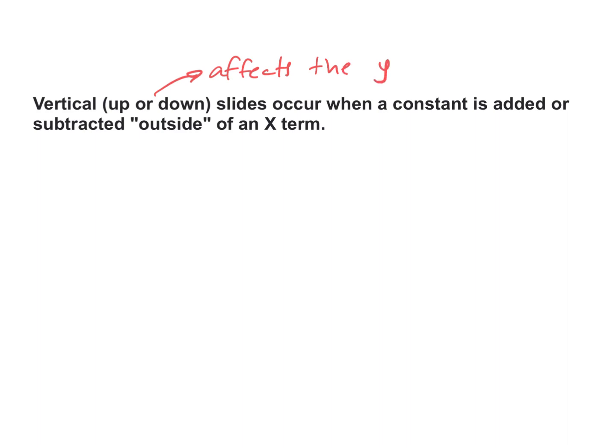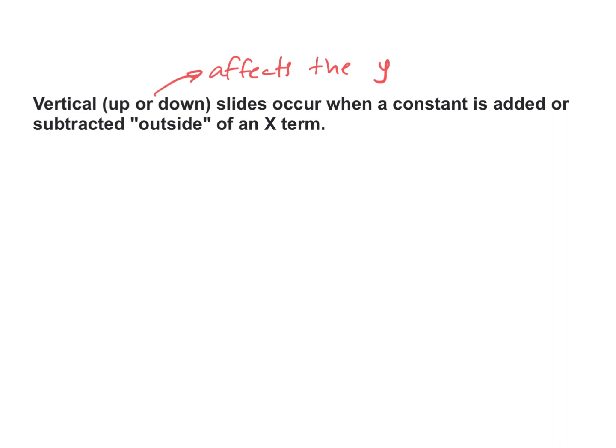When we have a change outside of the x term, like we did on that last example, it affected the y. That 2 in front of the greatest integer function notation meant that the y could only be even integers. It affected the y's.